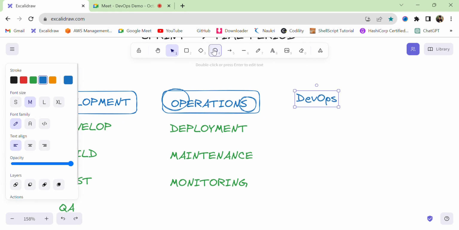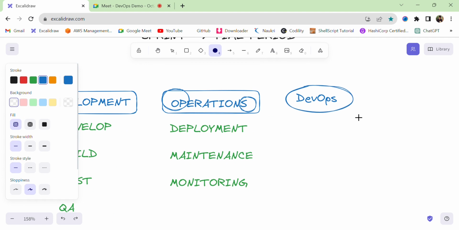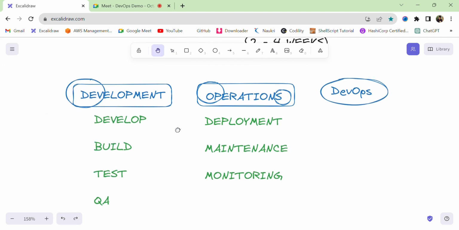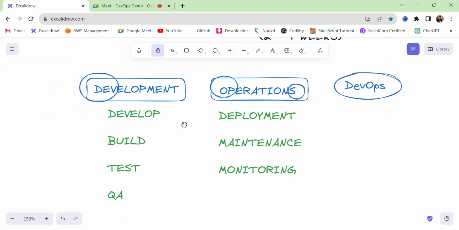DevOps is just a methodology wherein we collaborate with the development team and the operations team, and we do internal collaboration. We have customer collaboration. We have daily stand-up meetings, daily sync-up meetings. We'll have a scrum master. We'll be making use of different automated tools, and altogether when we are following that process, it is called DevOps.